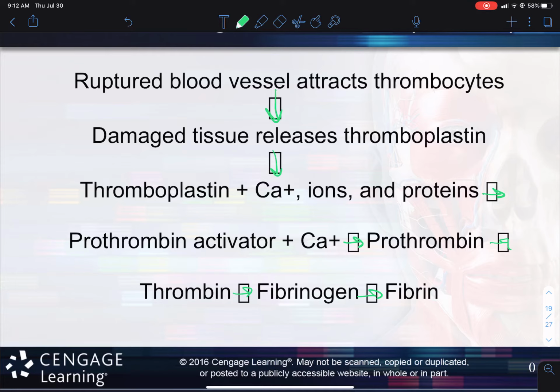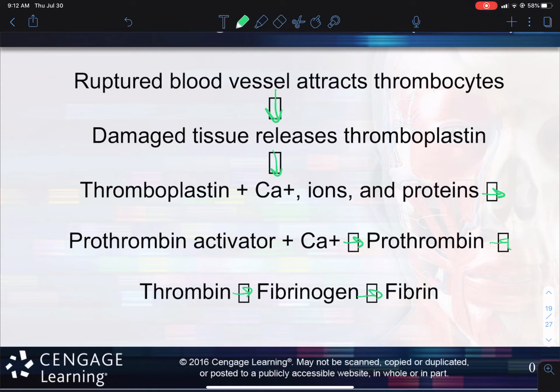When the tissue is damaged, either the blood vessel or the surrounding tissue outside of the blood vessel, those will also release chemical messengers called thromboplastin to recruit additional chemical messengers so that the clotting cascade can occur.